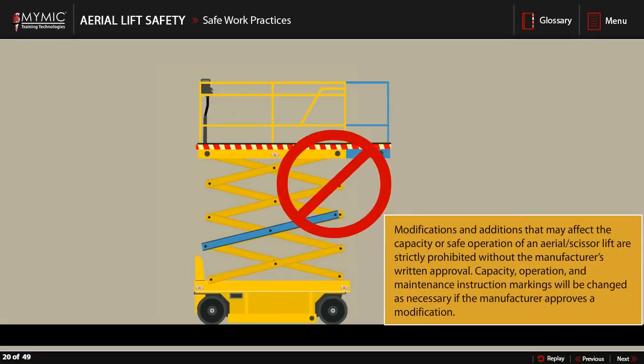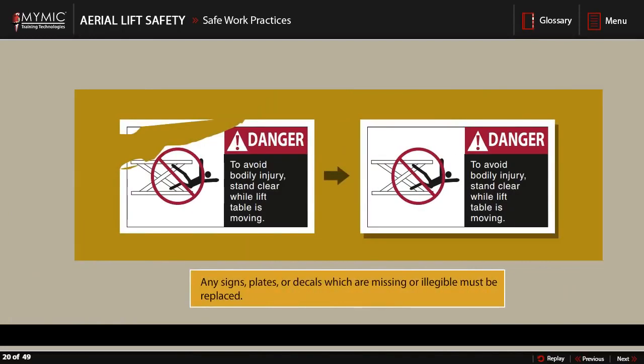Modifications and additions that may affect the capacity or safe operation of an aerial or scissor lift are strictly prohibited without the manufacturer's written approval. Capacity, operation, and maintenance instruction markings will be changed as necessary if the manufacturer approves a modification.